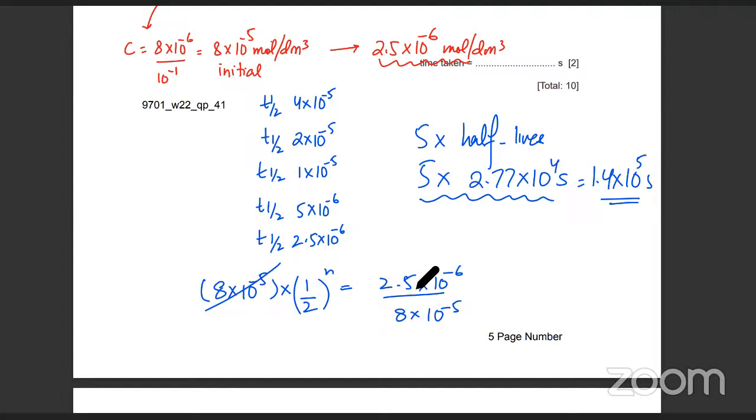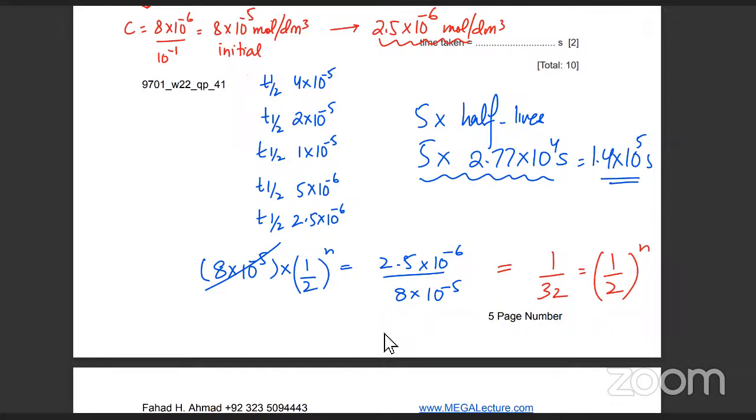Yes. Okay, so this is basically 1 over 32. So you can kind of guess, what's half to the power n? When would it become 1 over 32? That's going to be 5, since 2 to the power 5 is 32. Or if you go with log, you would have to take log and then figure out what n is. But you could figure that out directly as well. But is this clear?